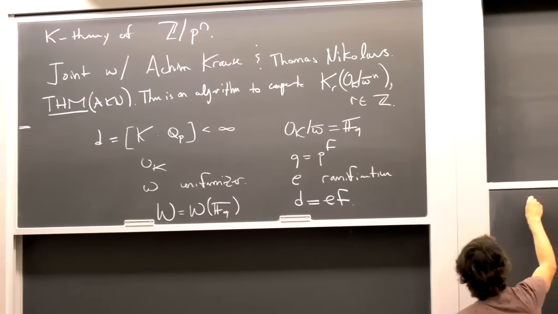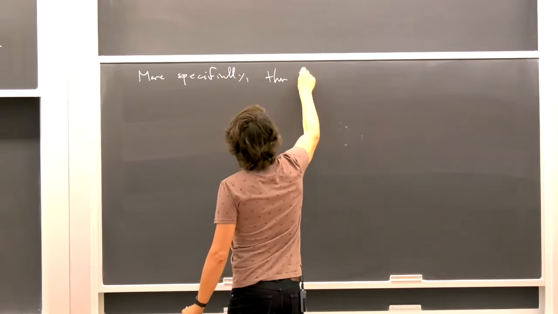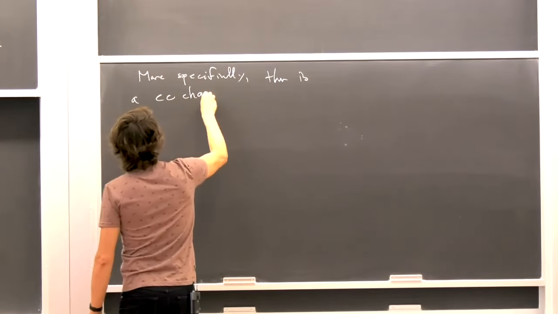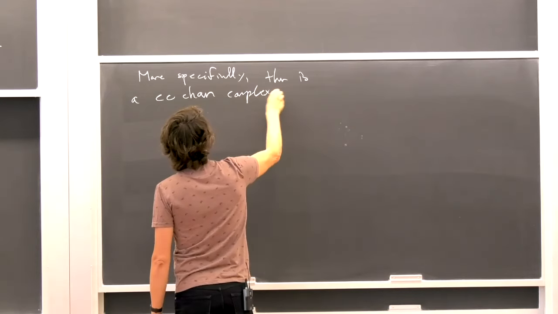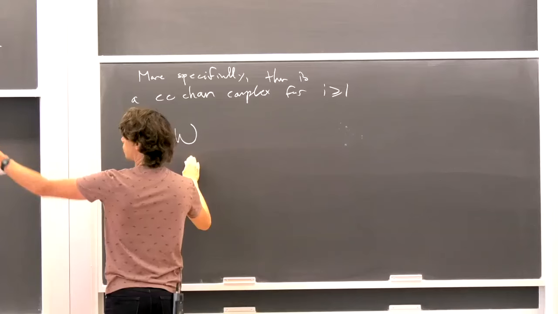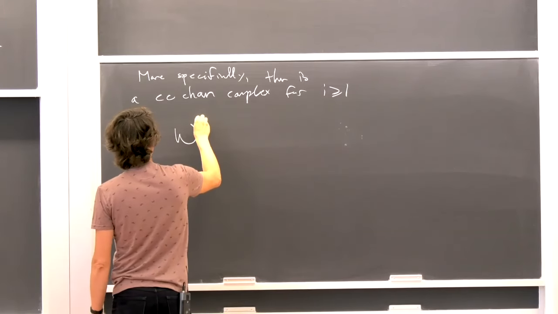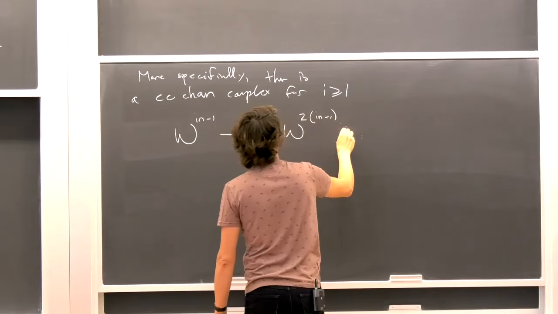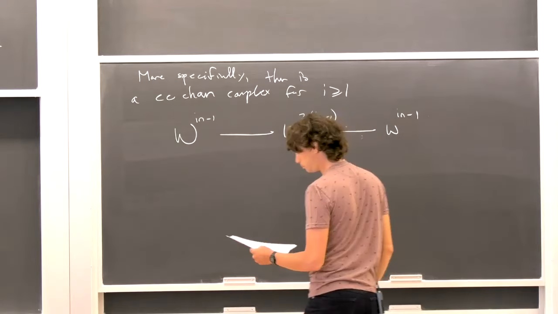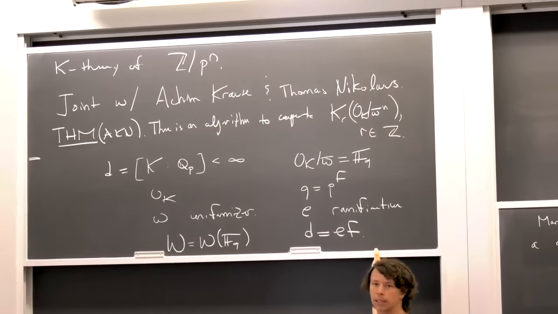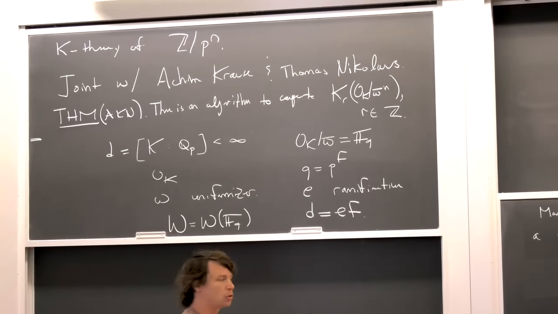More specifically, what we do there is a specific cochain complex, for i at least one, of the form W to the (i n minus 1), W to the (2 i n minus 1), W to the (i n minus 1). n is the power of the uniformizer that we're killing. That'll be fixed throughout the talk.